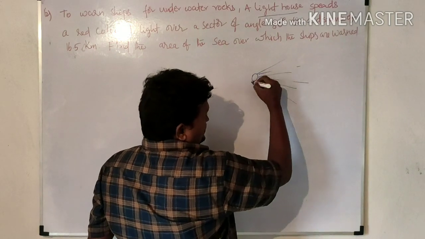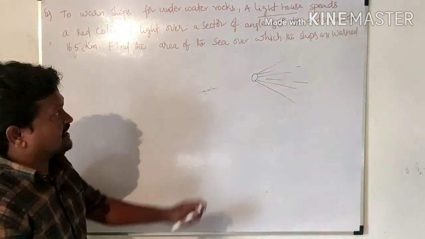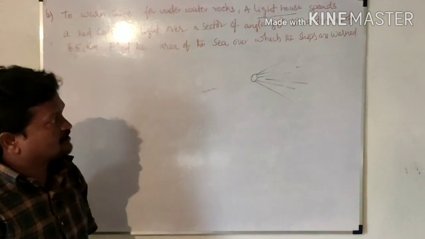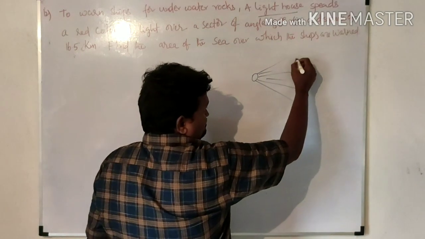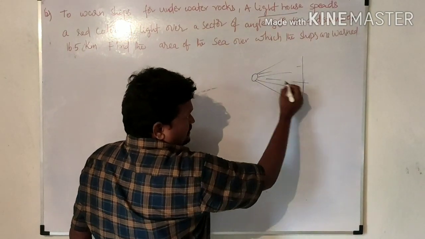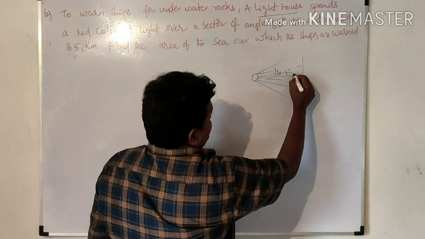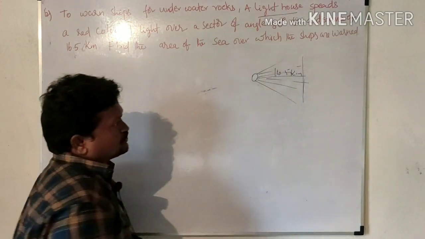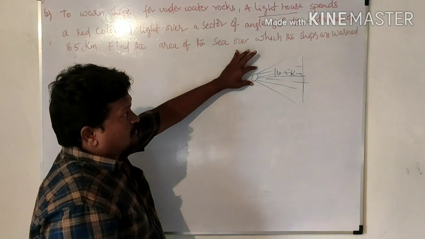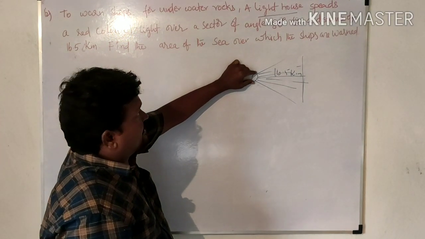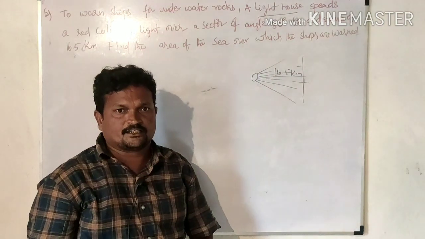The light spreads like a sector with an angle of 80 degrees, going up to 16.5 kilometers. So with the lighting of this lighthouse, there will form a sector with radius 16.5 kilometers.